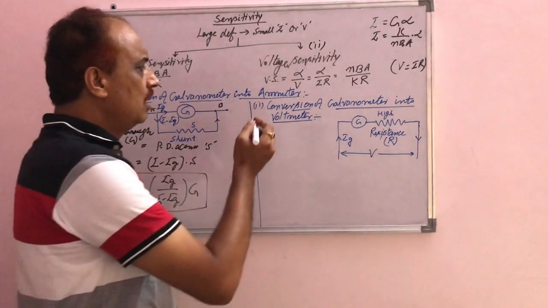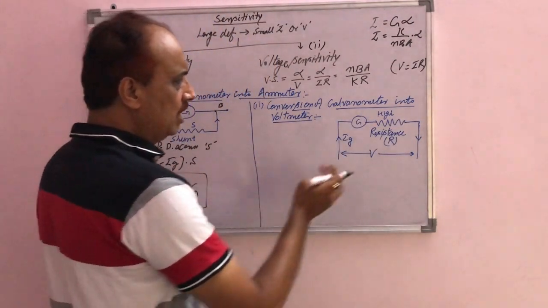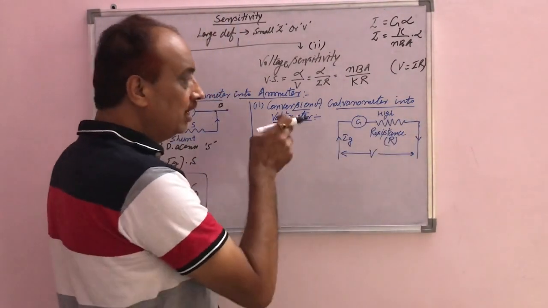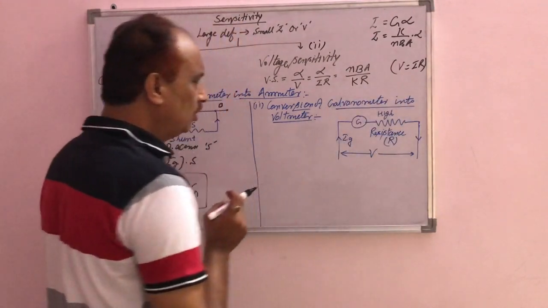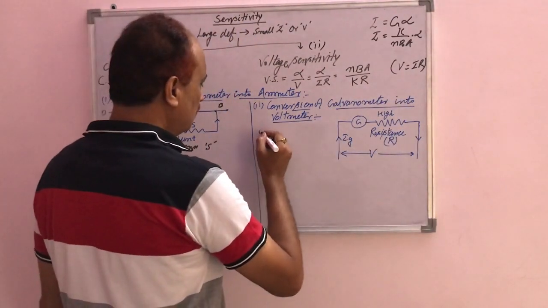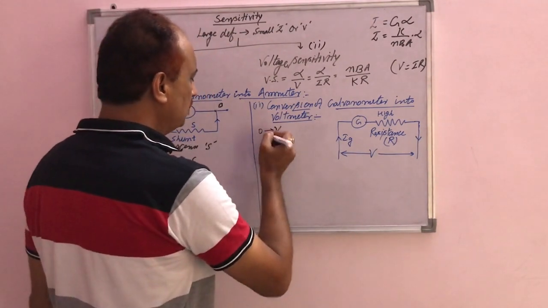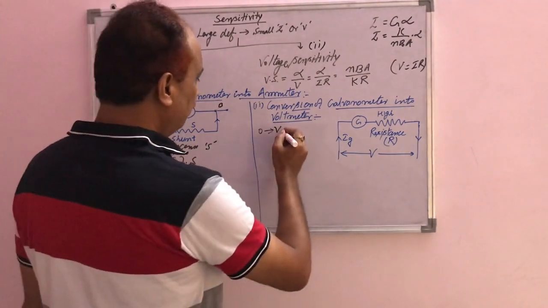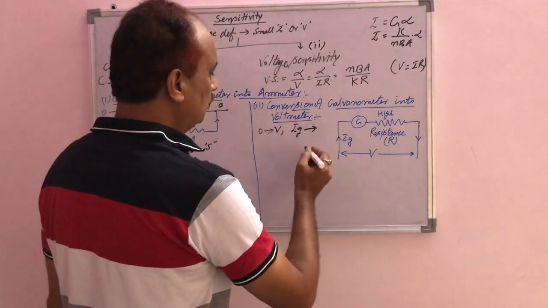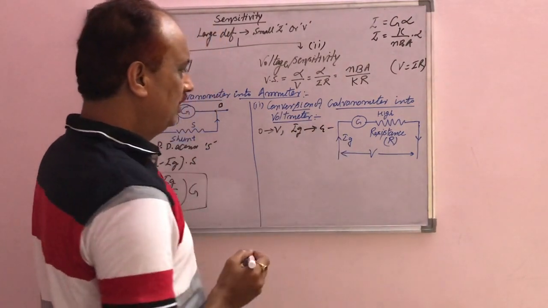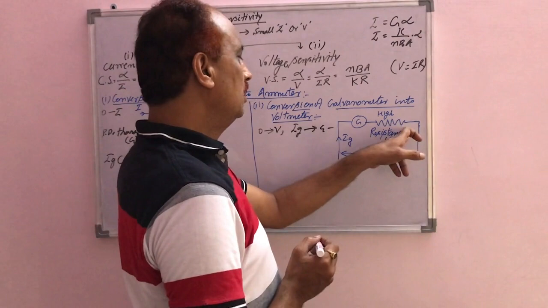Now the second thing is, how can we convert the galvanometer into a voltmeter? In this situation, if a high resistance wire is connected in series with the coil of the galvanometer, the galvanometer can be converted into a voltmeter. Suppose we want to convert the galvanometer into a desired range of voltage from 0 to V. At full scale deflection, Ig current is flowing through the galvanometer, where G is the resistance of the galvanometer and R is the high resistance connected in series with the coil.